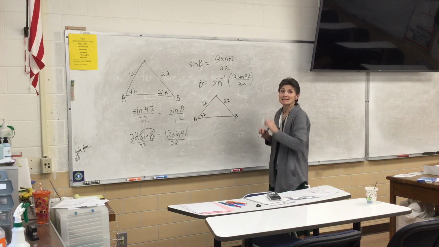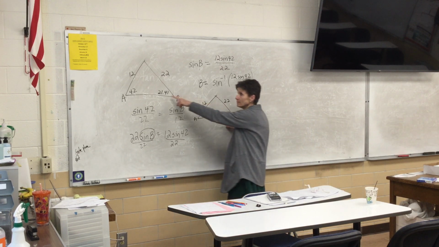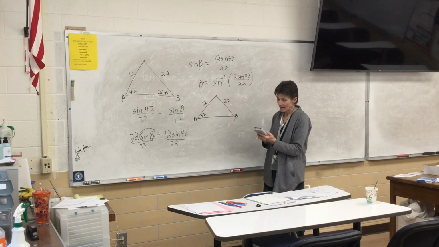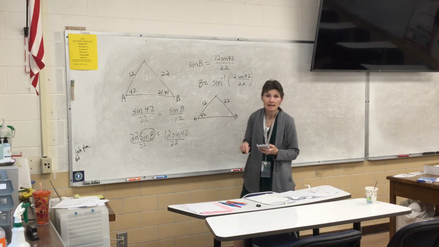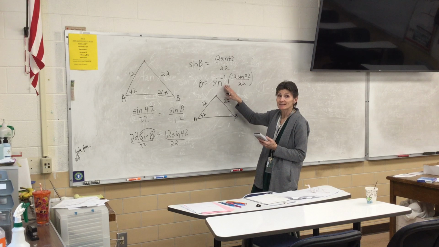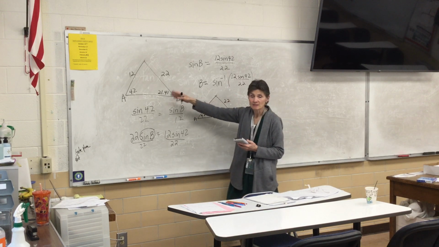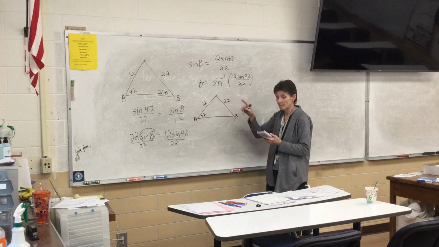If there is a second angle, you already found one. If there's a second one, it's 180 minus that one. Always 180 minus the first one. You get the first one by second sine, and then if there's a second one, it's going to be 180 minus that one.